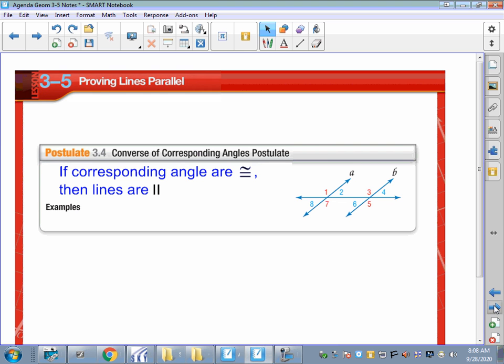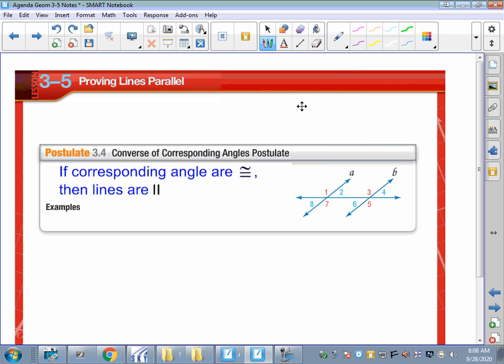So I've got the little picture in there for you. So our example or our diagram box, I guess I should say. Everybody remembers corresponding angles, right?